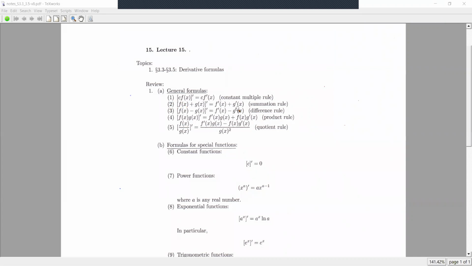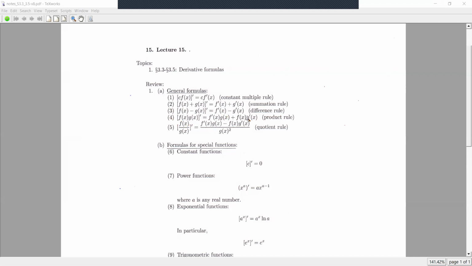Formula number 2, summation rule. Derivative of a sum is the sum of the two derivatives. Number 3, difference rule. Derivative of a difference is the difference of the two derivatives.